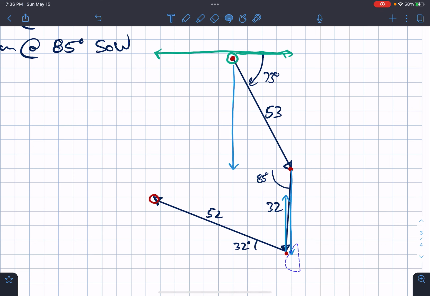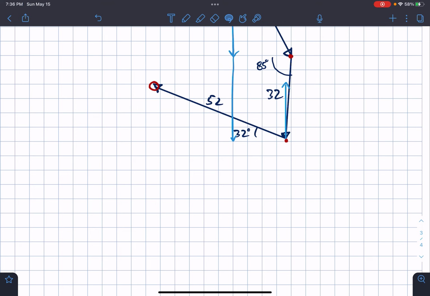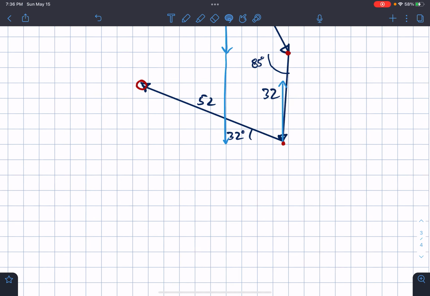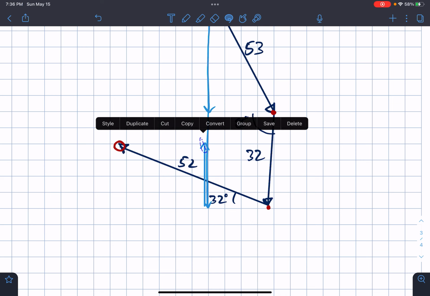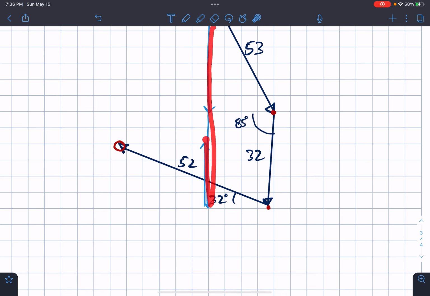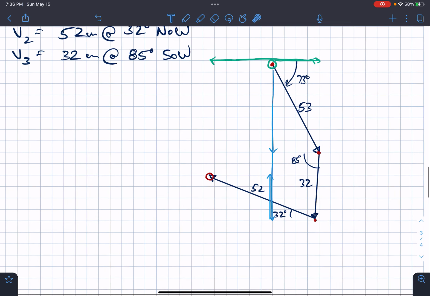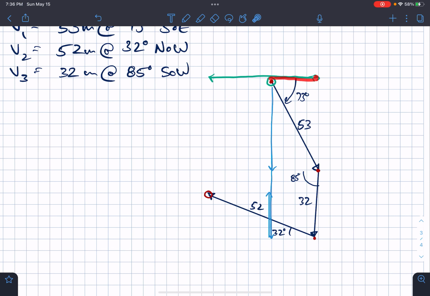And then we have this guy, put the tail of that one on the tip of the first one. And this one over here, I'm going to come back up like that. So it goes down and then up to right there. This guy goes over that way and then back like so. And so that means that the resultant vector should have the total y component of that and the total x component of that.